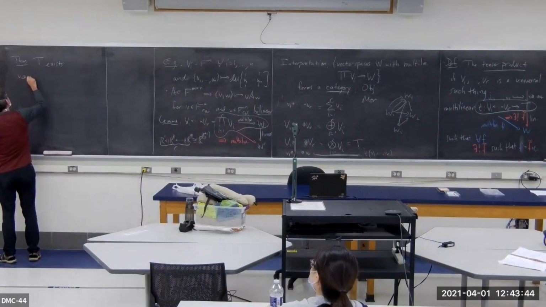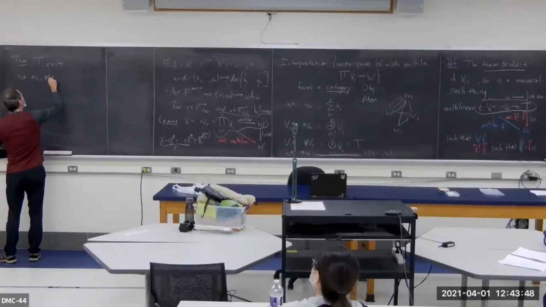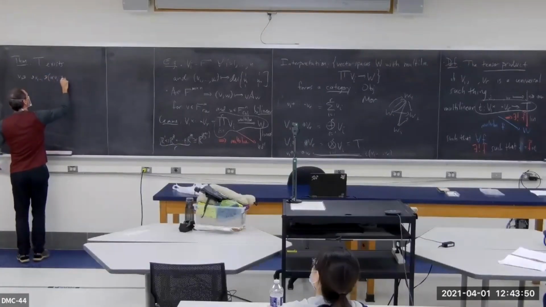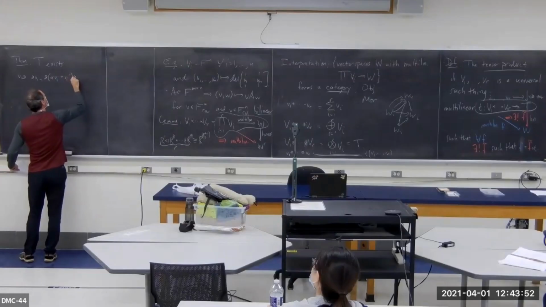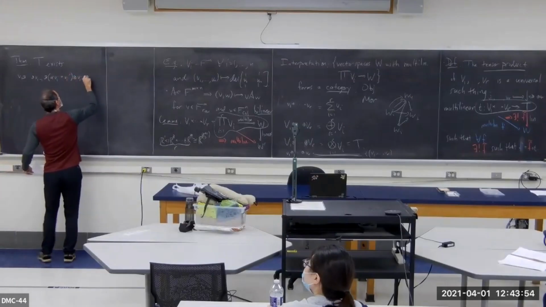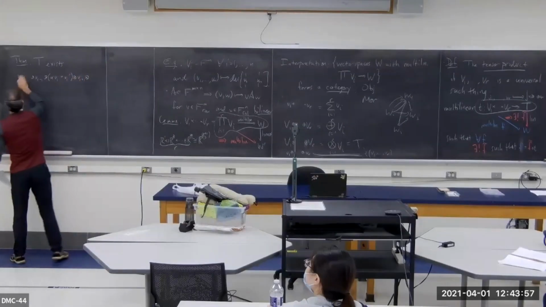that V1 tensor up through tensor Vi minus 1, tensor alpha Vi plus Vi prime, tensor Vi plus 1, tensor dot dot dot. Let's write it this way.